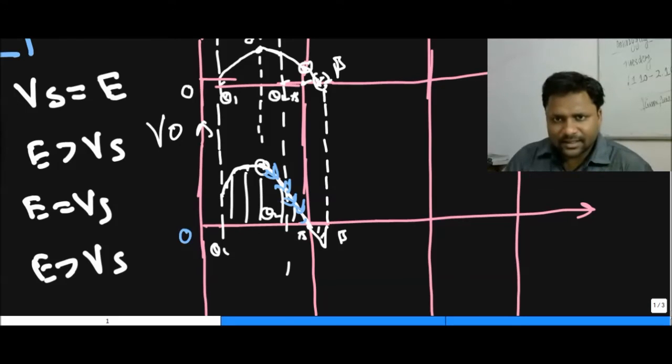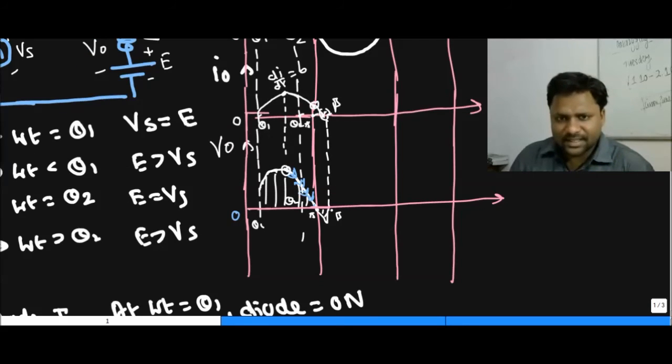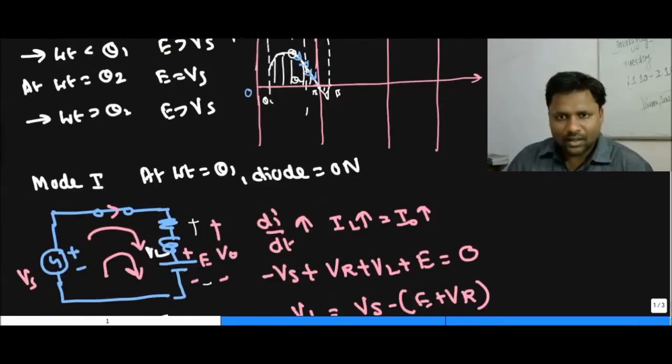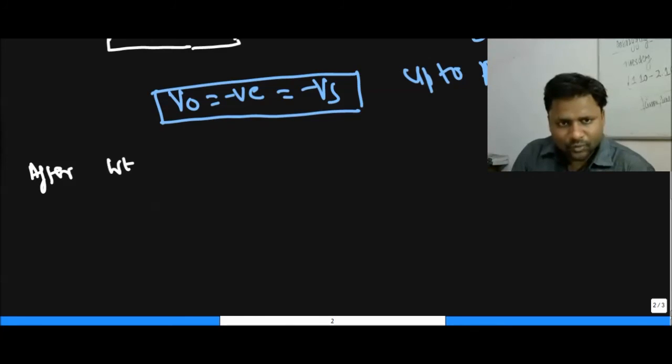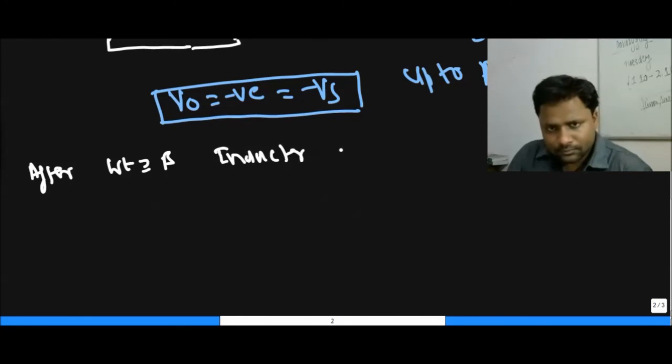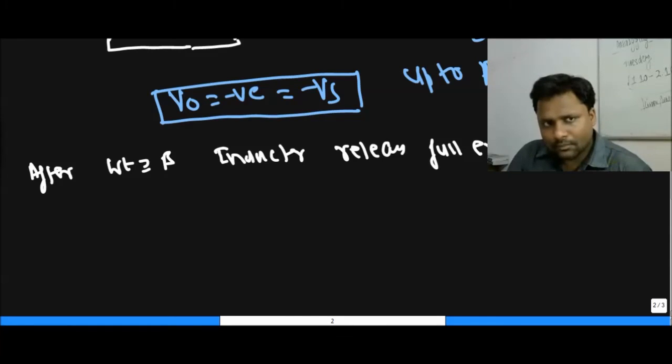So at omega t equal to beta, we are observing this kind of waveform. Now, what will happen after omega t equal to beta? After omega t greater than beta, the inductor releases its full energy.